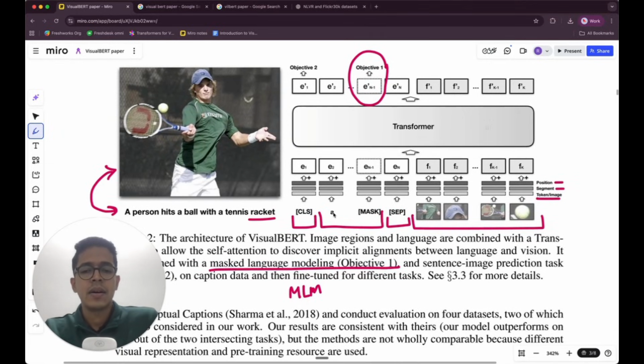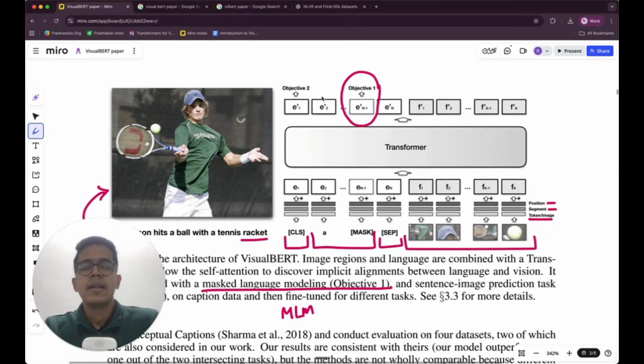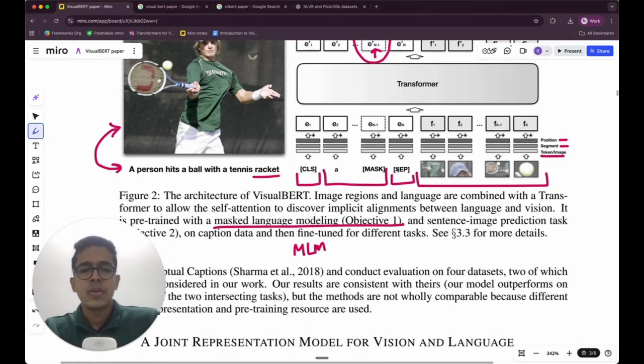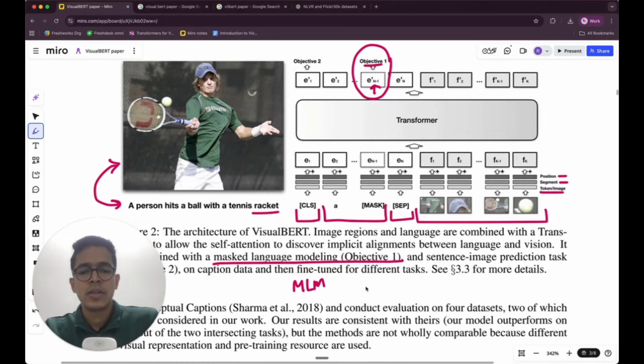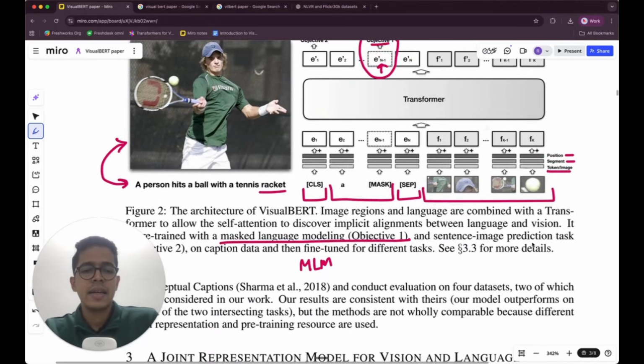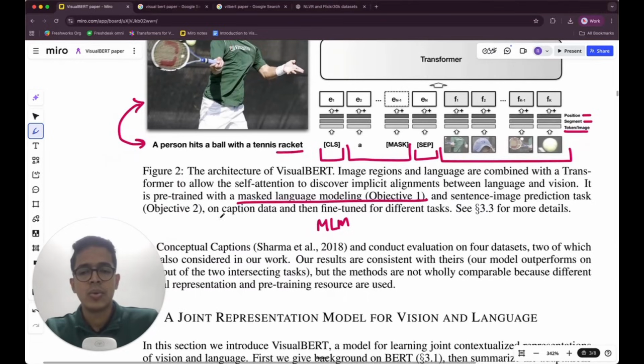And if we say that each token is a word, for simplicity, of course, each token is not a word; each token can be a word or subword or character. But if we assume that each token is a word, in this example, the context vector corresponding to this mask token should ideally be predicting that the mask is racket. So that is objective one mentioned here. And then second is the sentence-image prediction task, objective two, on caption data, and then fine-tune for different tasks.